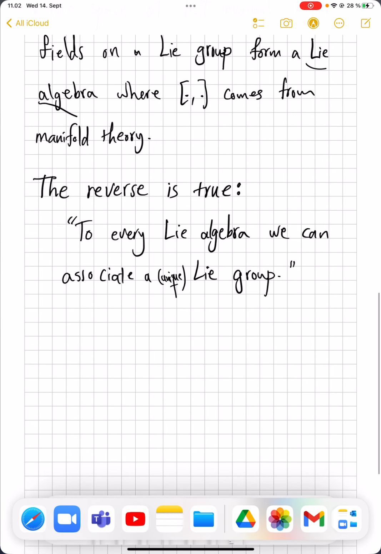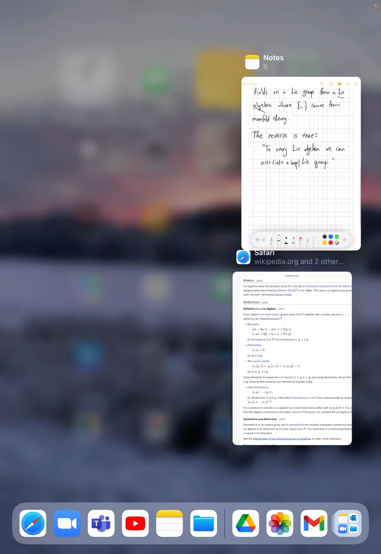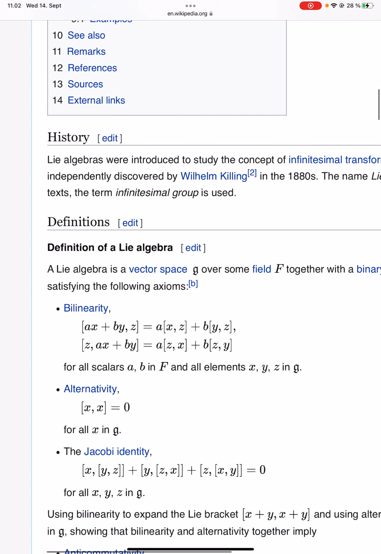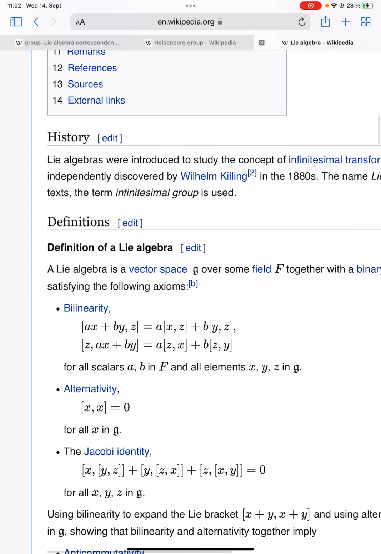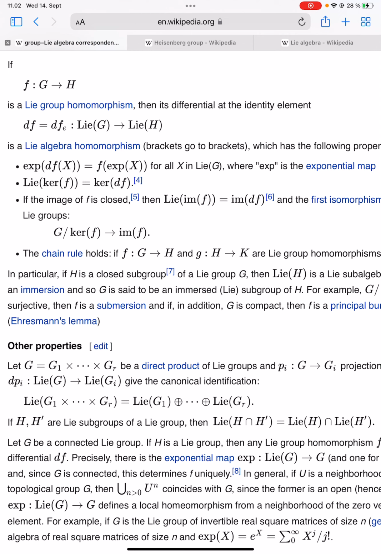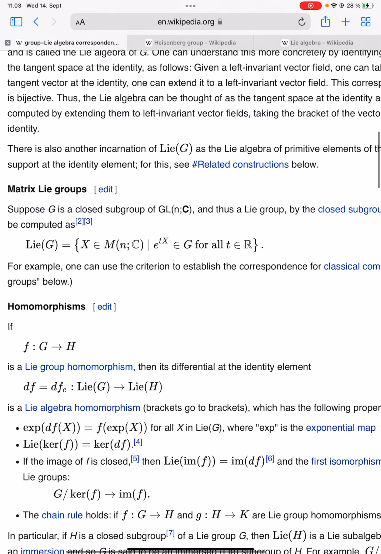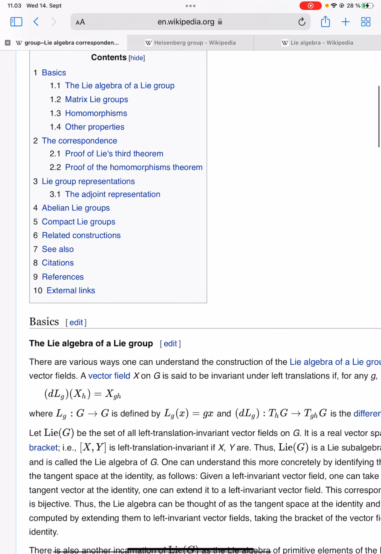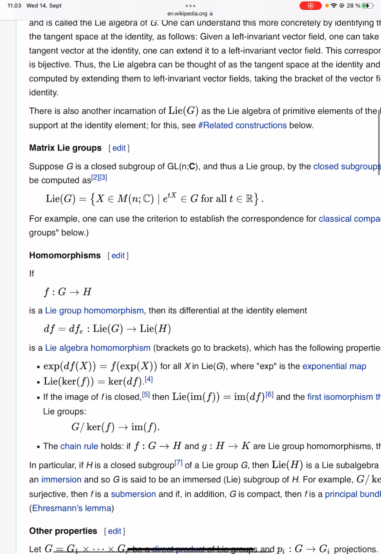That is called the third correspondence theorem. There are three correspondence theorems between Lie algebras and Lie groups. So let me see where this was.